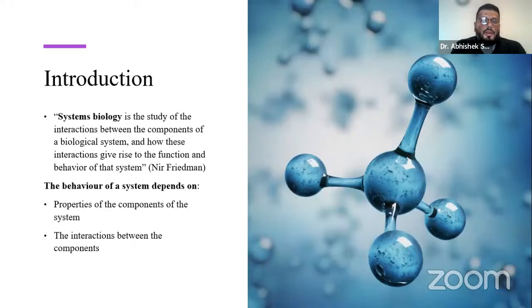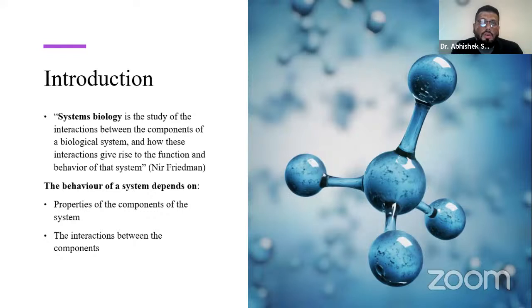So let's start with some basics, for beginners who have never come across this field of science: what is systems biology? Systems biology is when we study the components of any biological system, and their interactions, and how those interactions give rise to certain functions and behavior of that system.